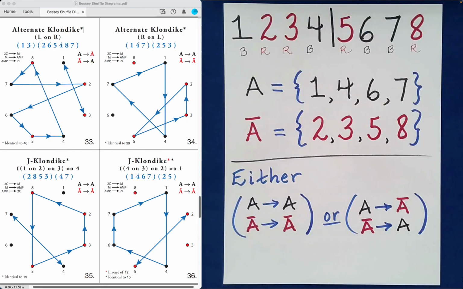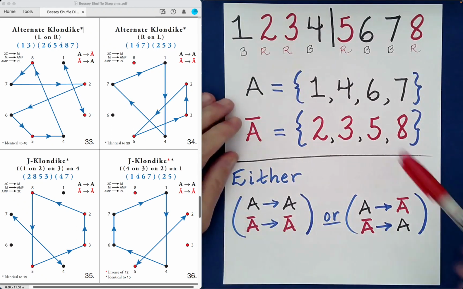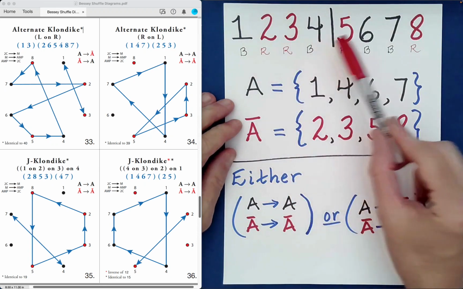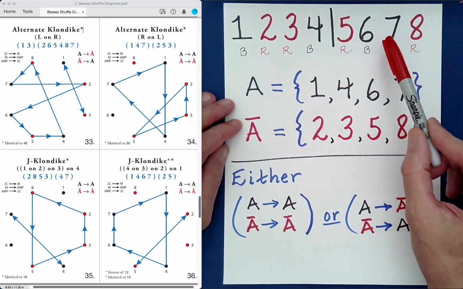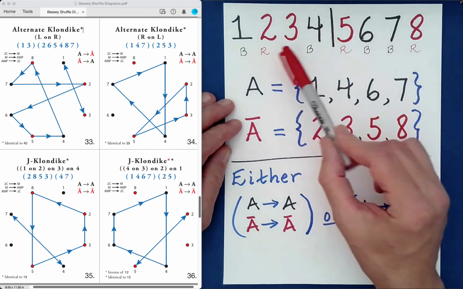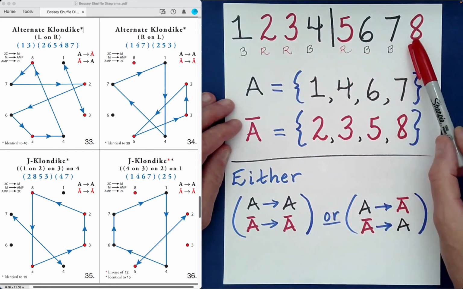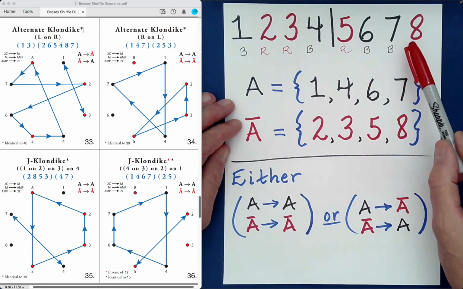Also, recall that the two sets of position values of importance to us are the following. Positions 1, 4, 6, 7, which we will color code black, and positions 2, 3, 5, 8, which we will color code red.